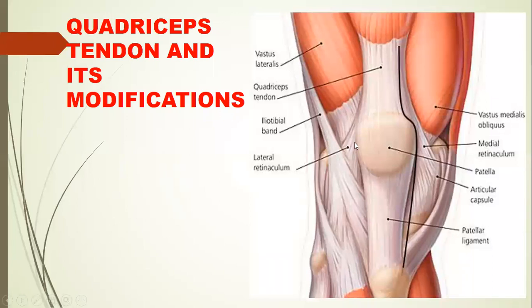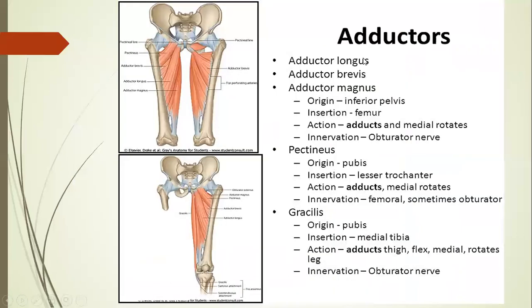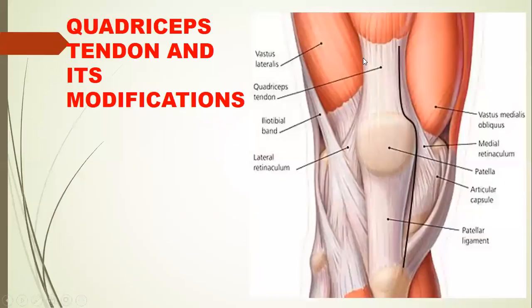These extensions, right from the level of the margins of the patella, extend towards either side, and they blend or merge with the capsule of the knee joint. These extensions of the tendinous fibers of the vastus medialis and the vastus lateralis are called the retinacula.